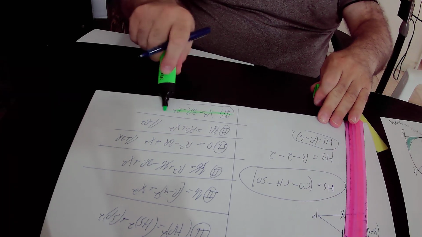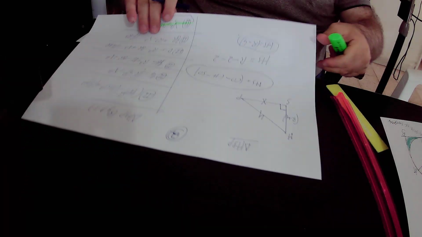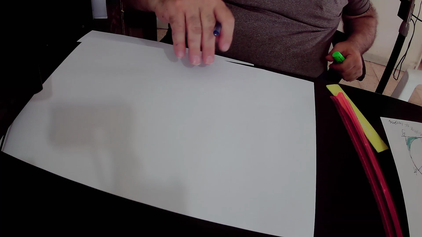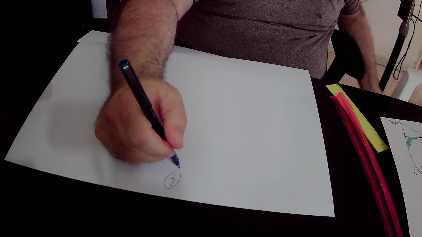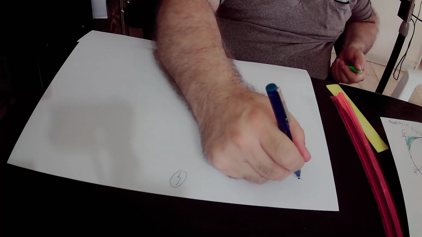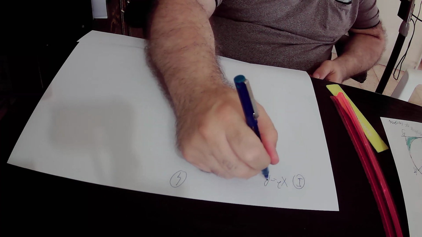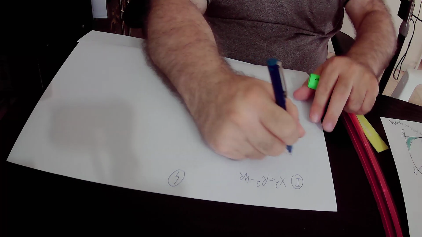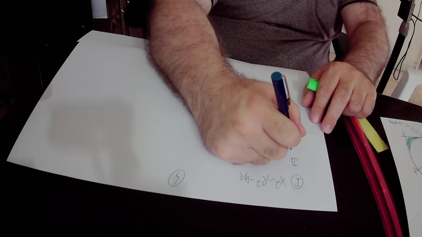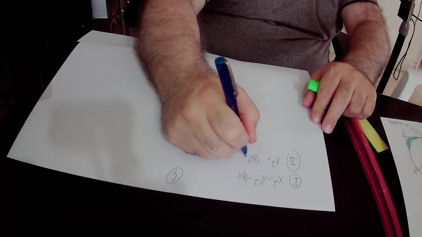So we actually have two expressions for x squared. According to the first equation, equation number 1, we found out that x squared equals R squared minus 4R, while according to equation number 2, we found out that x squared equals 8R minus R squared.